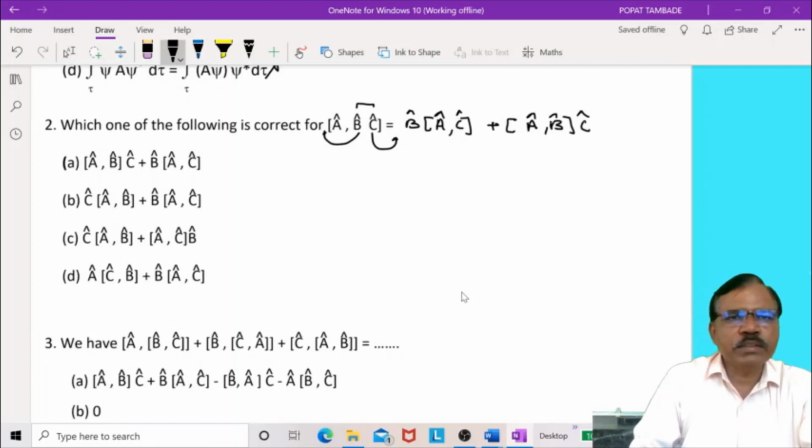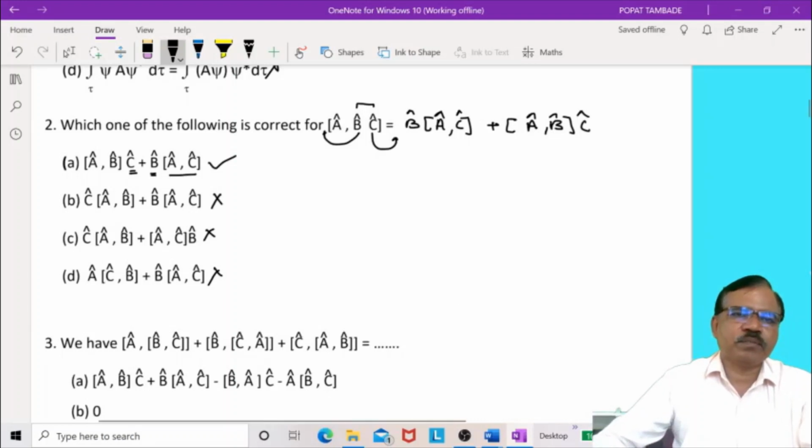So A comma BC is equal to B commutator bracket A comma C plus commutator bracket A comma B times C. This one is correct. This is not correct, this is not correct, this is not correct.